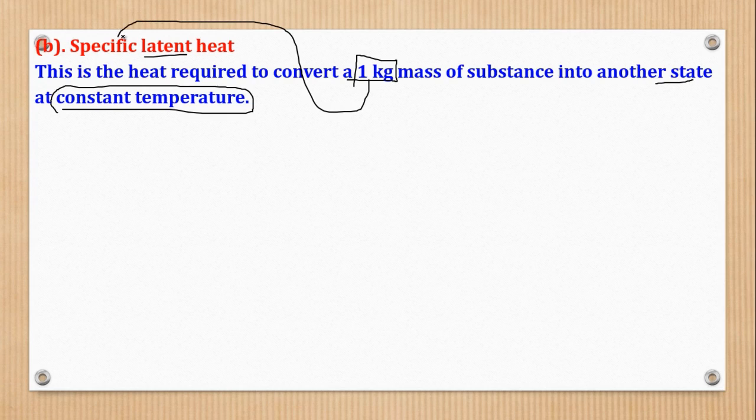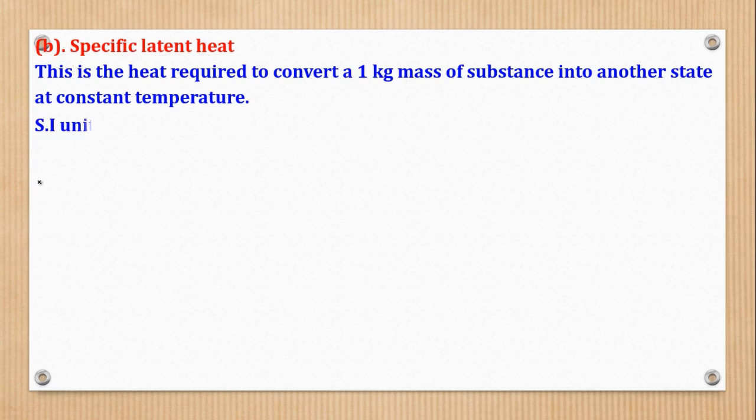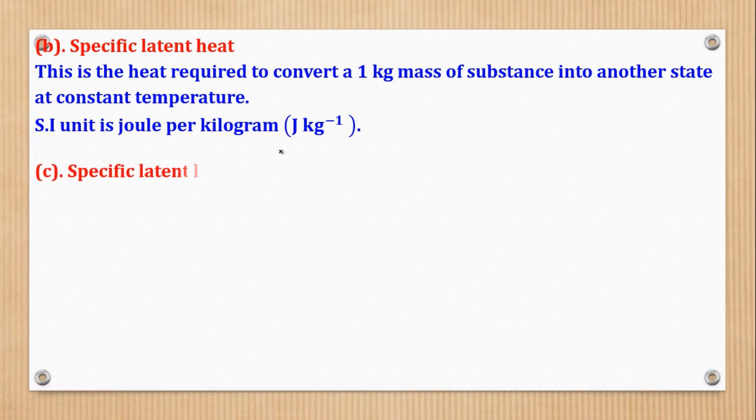Remember, in the definition for latent heat, it was just any mass, but when they add on the word specific, then the mass has to be 1 kilogram. So the SI unit for specific latent heat is joules per kilogram.